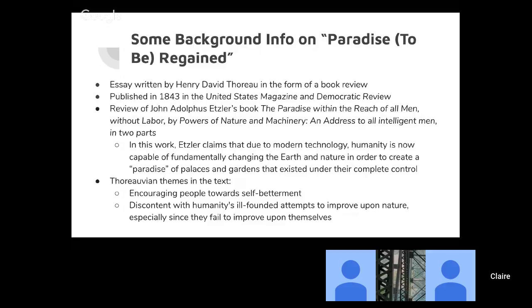In a particular passage, Etzler is very focused on wind, and he's still kind of caught up on steam, which of course now is a big issue because of coal making steam. But Thoreau was thinking about the power of the tides. Nature has just given us this immense power that we don't do anything with. I just remember learning a long time ago about how they're trying to do things with that now. So they're kind of going back and almost enacting what Thoreau saw could work. So I think that's interesting.